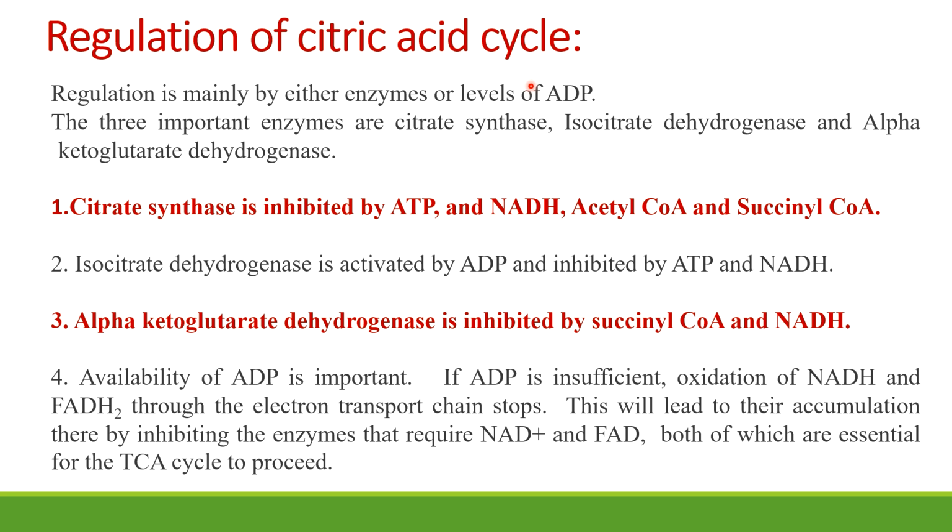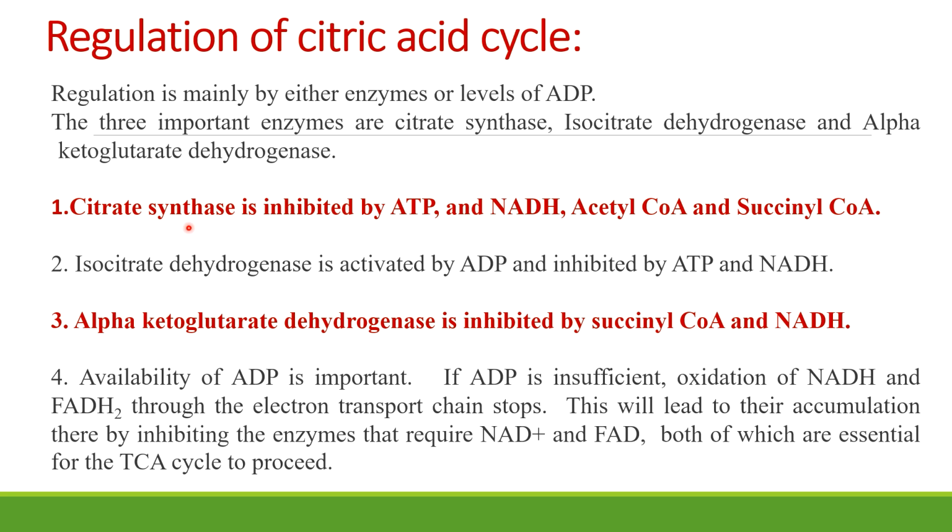Regulation of citric acid cycle. The regulation of the citric acid cycle is because of many different enzymes, and also it could be at the level of ADP. The three important enzymes that will be regulating its activity are citrate synthase, isocitrate dehydrogenase, and alpha ketoglutarate dehydrogenase.